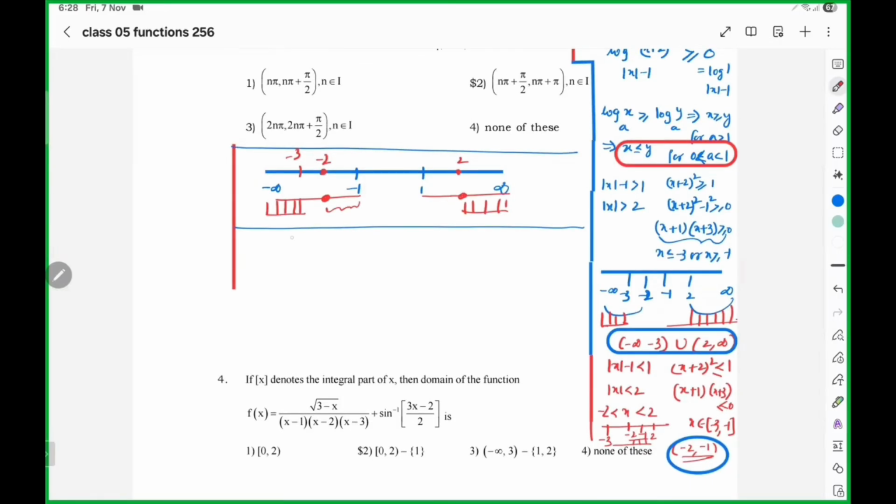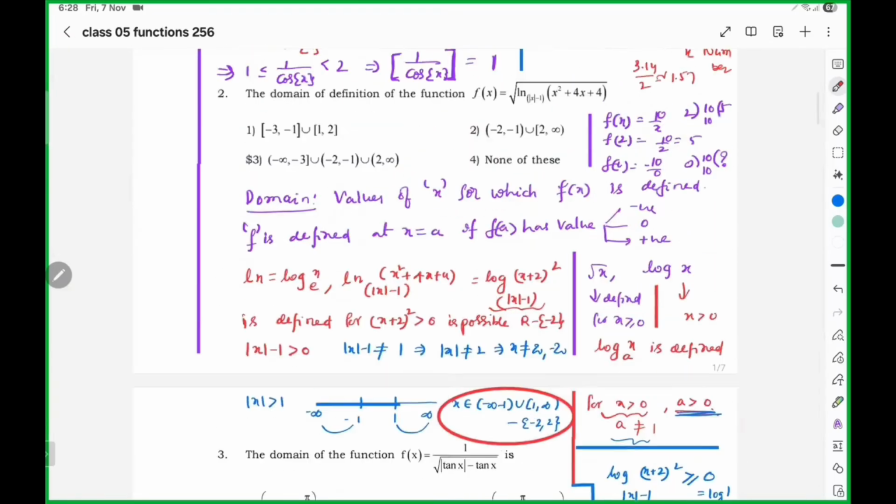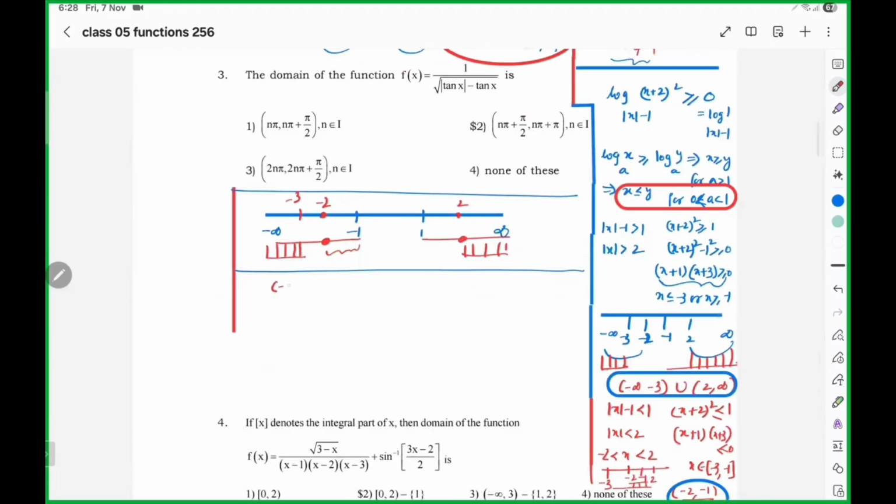So finally, the answer is you can take all the values from minus infinity to minus 3. We don't have any trouble. And 2 to infinity also we can take, except 2.